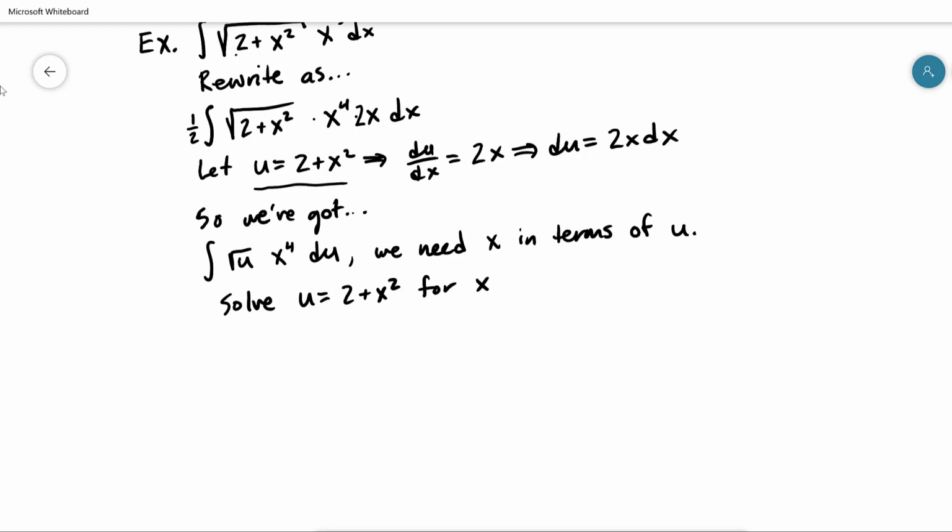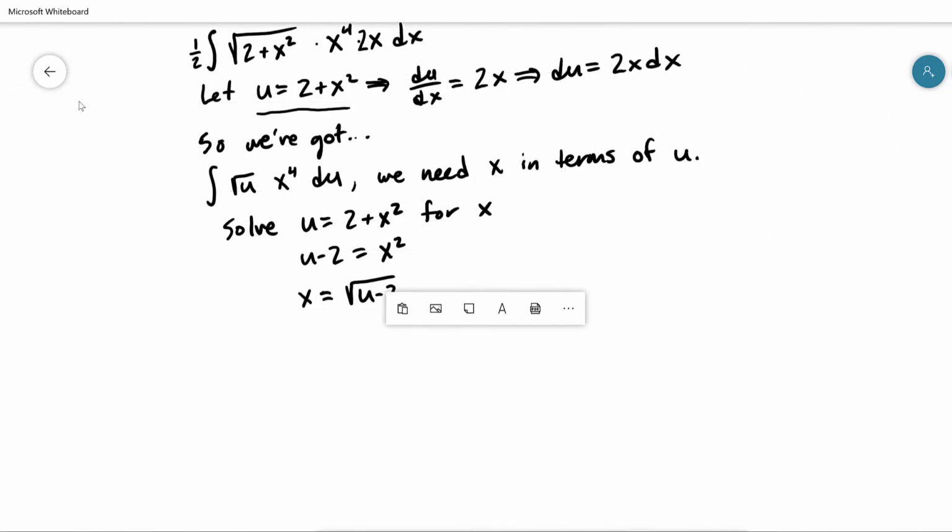To do that, I will subtract 2 from both sides, and then take the square root of both sides, and we will get that x is equal to the square root of u minus 2. Just keep in mind, there's both a plus and minus version of that value. Well, let's use the plus version for this particular case. Maybe there's some domain restriction that allows us to argue that we should only use the positive values of x.